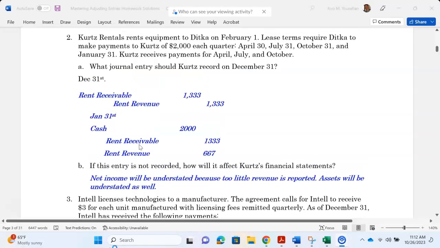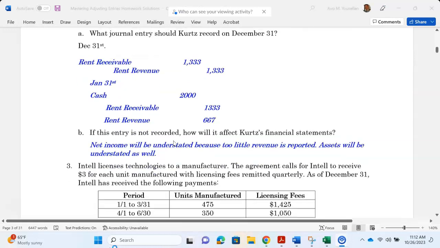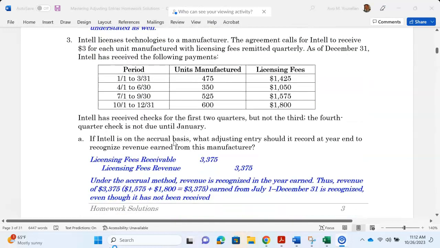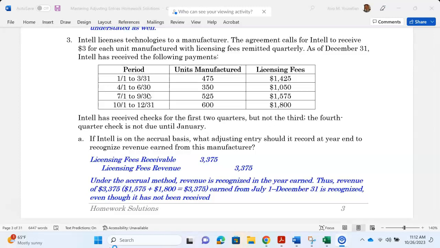Okay, so we did this part, and we did that part too. Yeah, so we covered number 2. Let's do number 3. For number 3, it says the company agreement calls for Intel to receive. So Intel is a technology company, and they have an agreement.